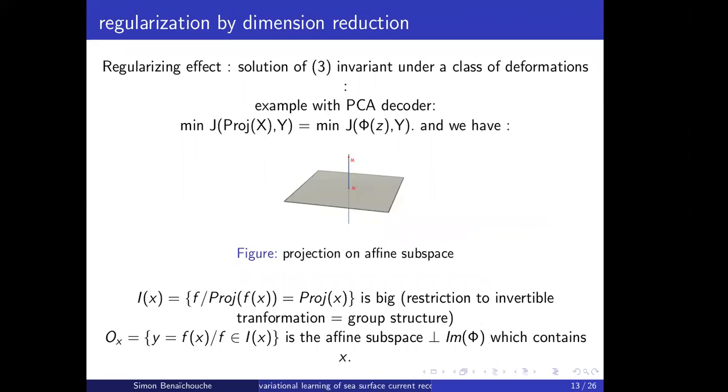And if the dimension of the latent space is low, this set will be big. You also have a set called the orbit, which is the image of a point under the deformations of this class. So the orbit under PCA will be, for example, a line or a plane, a subvector space or affine space in the kernel of a certain application.